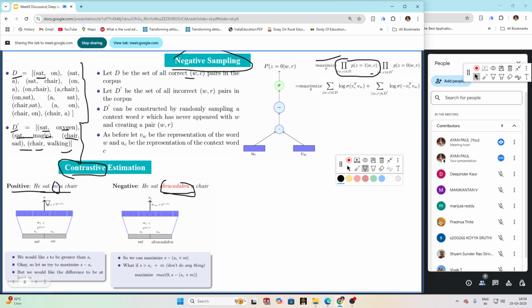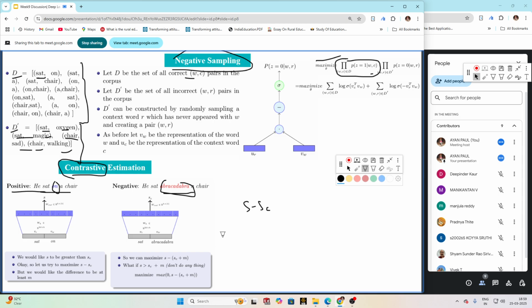So the output here is S, and the output here is SC. We formulate our loss function such that we maximize S minus SC, where S is the correct thing and SC is the incorrect thing, in order for the neural network to learn.